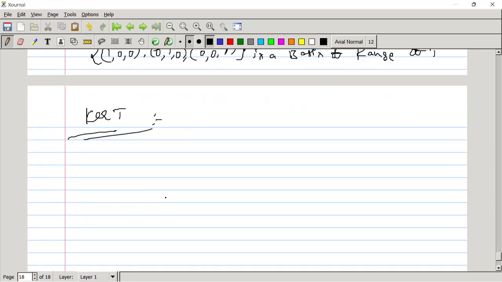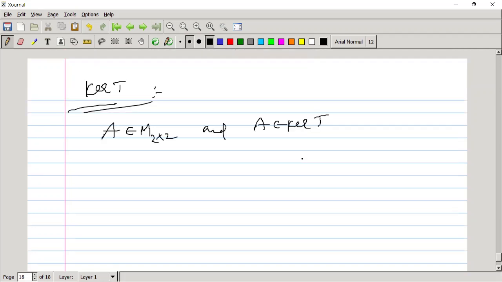To calculate the kernel of T, let's take some element, it is a matrix, right? So let me write A belongs to M 2 cross 2 and A belongs to kernel T. Now we have to find out in which form A is. Since A belongs to kernel T, we can say T of A equals 0.